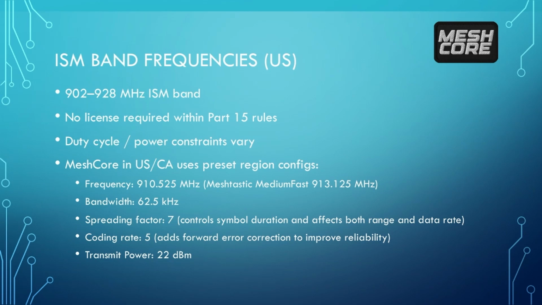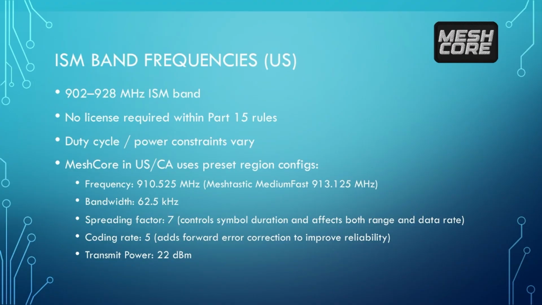Down here, I mentioned the frequency, but bandwidth 62.5 kHz. The spreading factor, which is basically how fast the symbols go and it affects range and performance, and the coding rate of 5, which is they basically add some forward error correction bits onto your message to handle corruption in transit and try to recover from that.